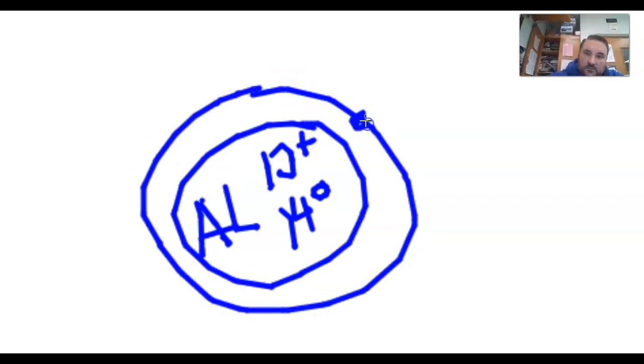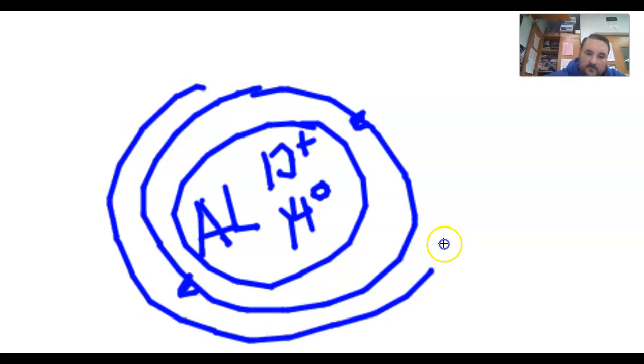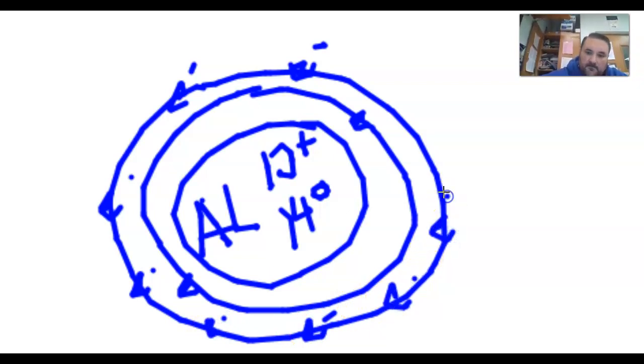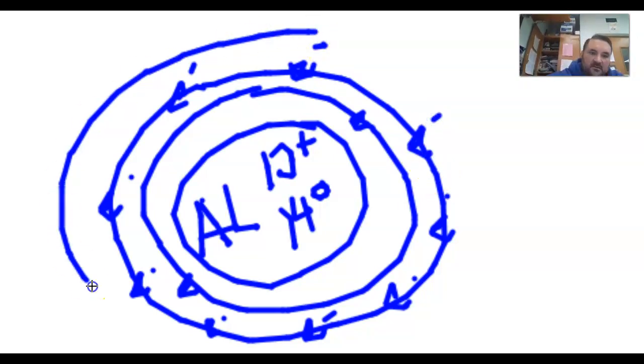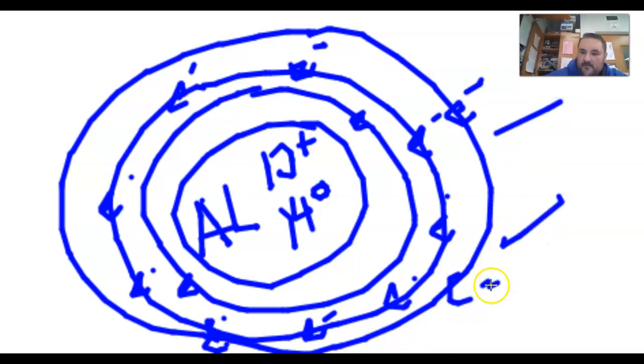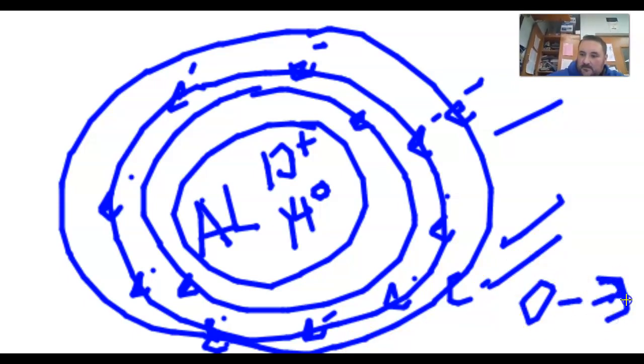So it would be 2, then 8, and then finally 3. 1, 2, 3. It will lose those 3. 0 minus 3 gives us a positive 3 charge.